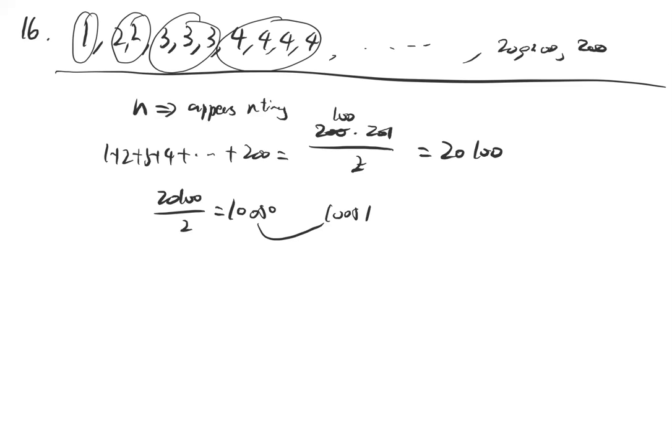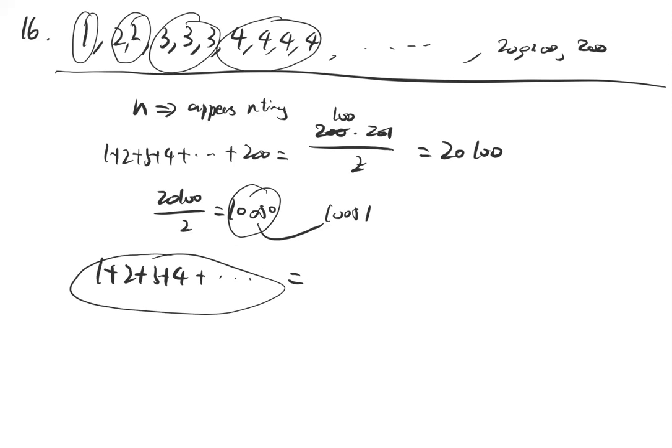So basically our goal is to find out which number it is, for example, 140 something or 150 something. We basically want to see when we add these numbers all the way to some number, when will this be closest to 10050?